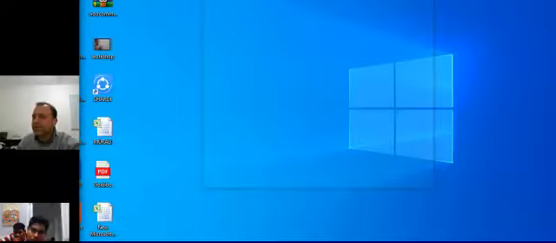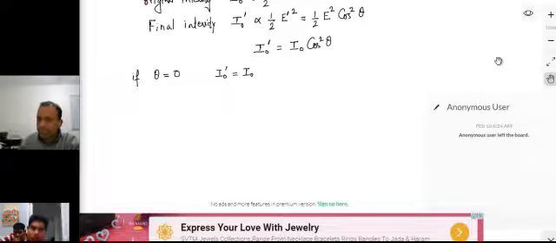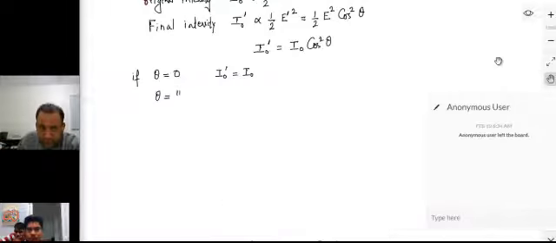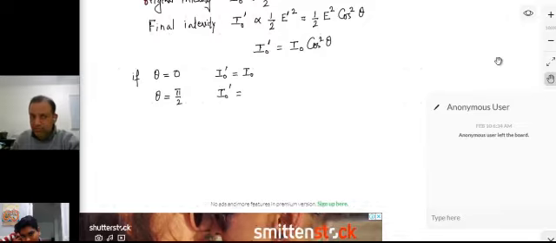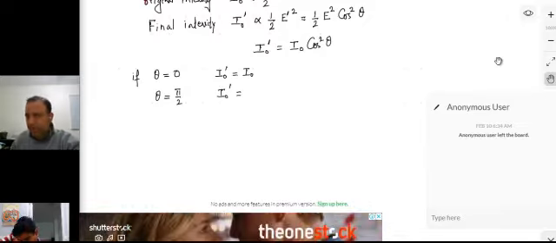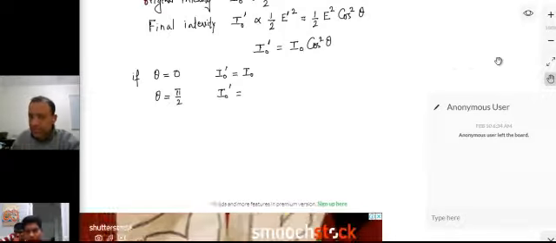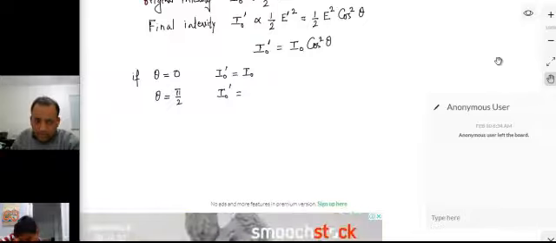So you don't see any difference, right? But if theta was equal to pi by 2, then the intensity that you see depends on cos of pi by 2, and that's 0.